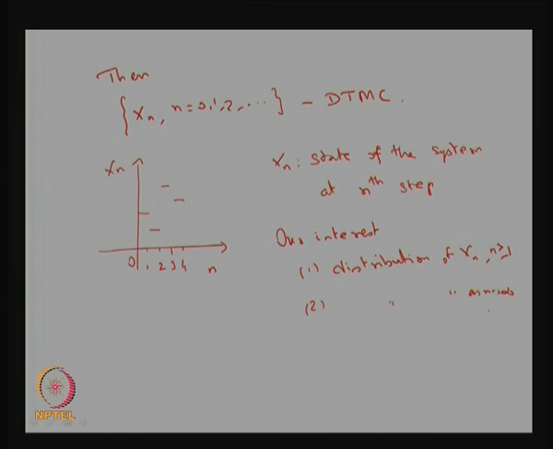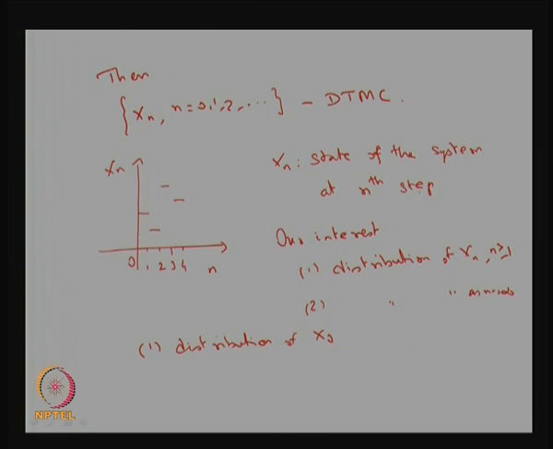To compute this, you need two things. One is the distribution of X_0, the initial distribution vector, where the system starts at the 0th step.